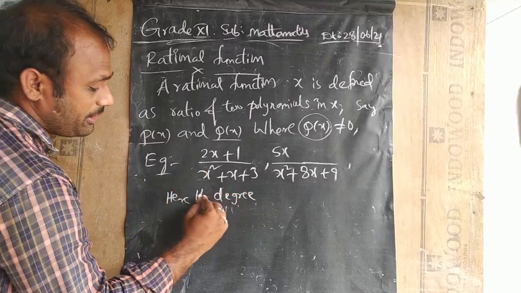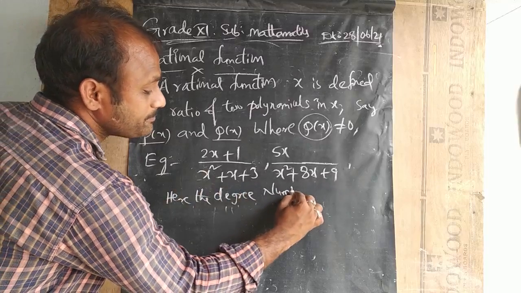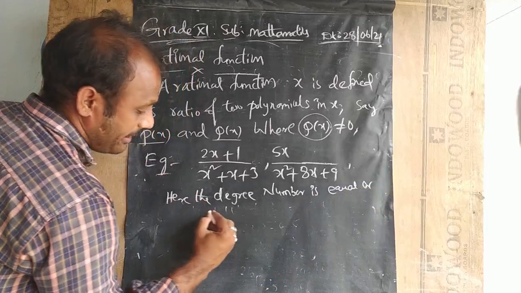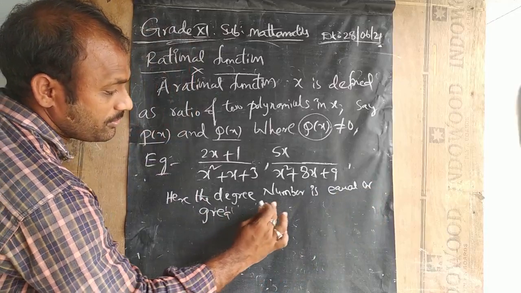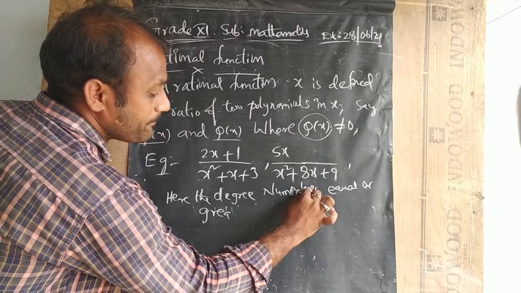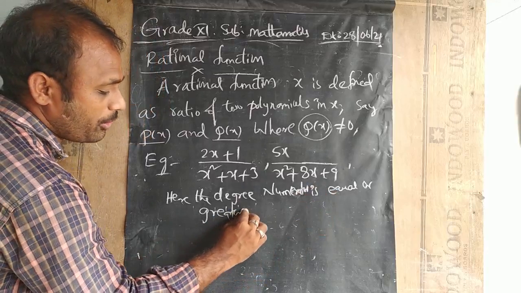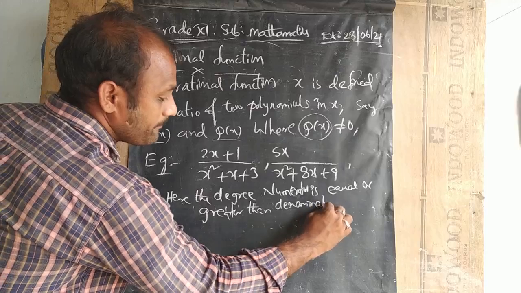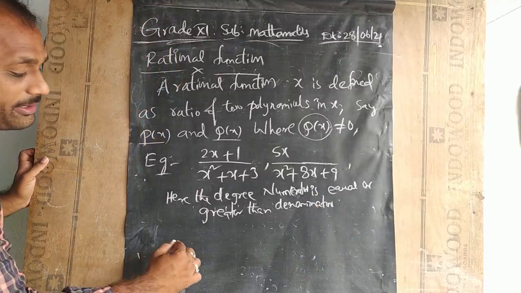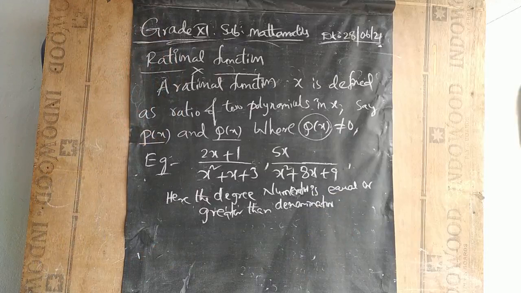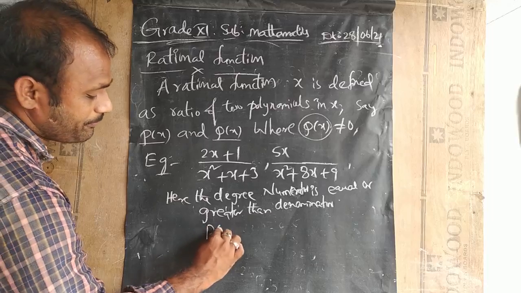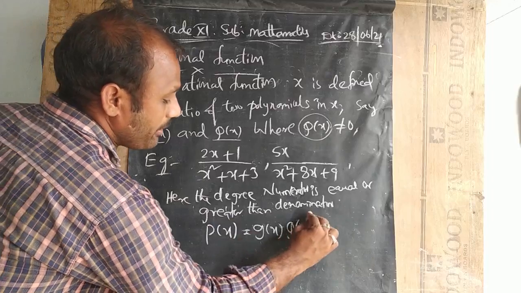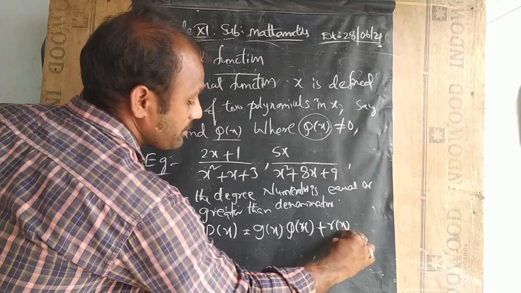Here, if you observe, if the degree of the numerator is equal to or greater than the degree of the denominator, then we can write p of x is equal to g of x into q of x plus r of x.